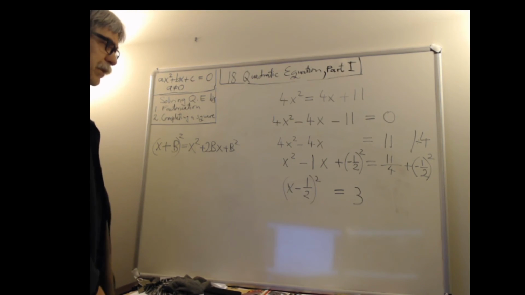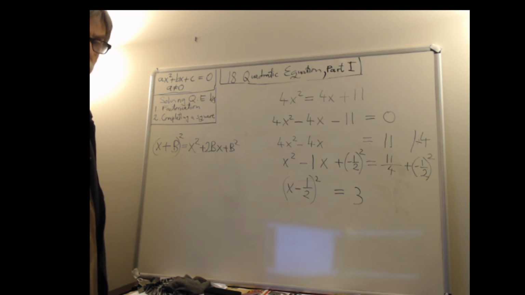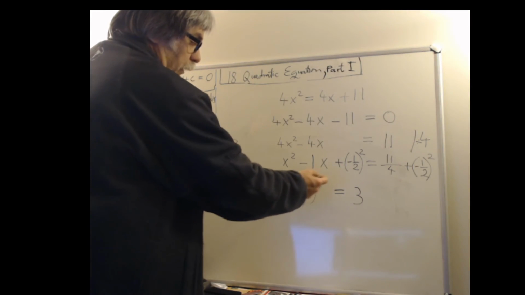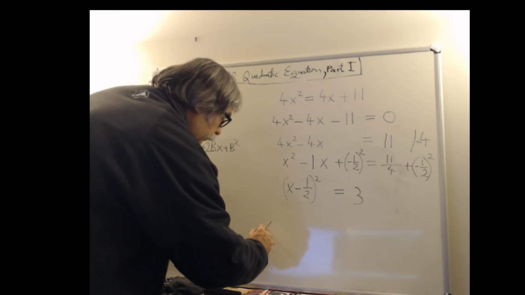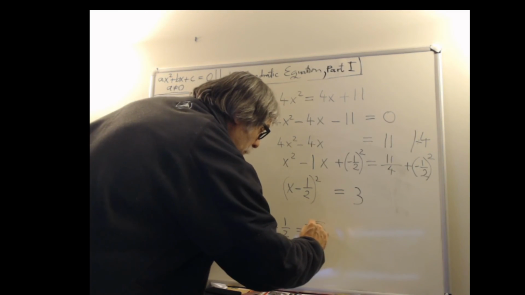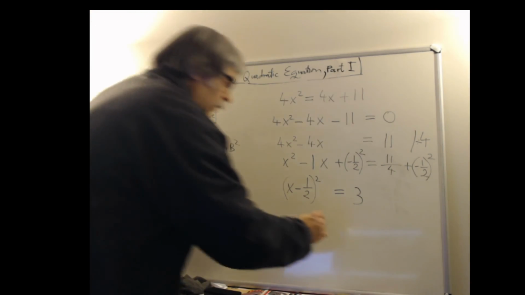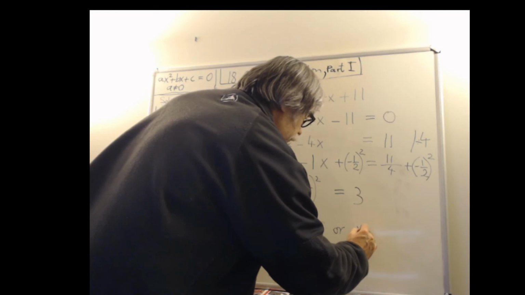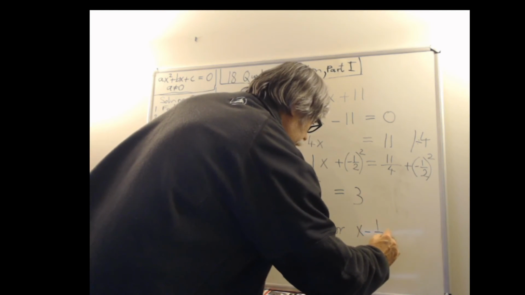What is the next step? The next step is to think about it. What is the radical here? What is the number here whose square is 3? Well, one option is radical 3. And the other option, of course, is negative radical 3. Because when you square negative radical 3, you will also get 3.